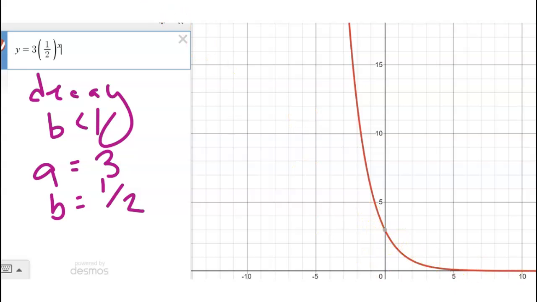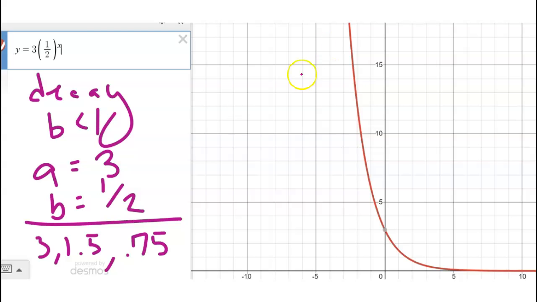Okay, so let's go through. I start with 3, and then I'm going to say, what's half of $3? Well, half of $3 is $1.50. And then I can say, what's half of $1.50? That would be 75 cents. And I'm going to go over to my graph. As I go forward now, it should be following that pattern because I am saying half of.